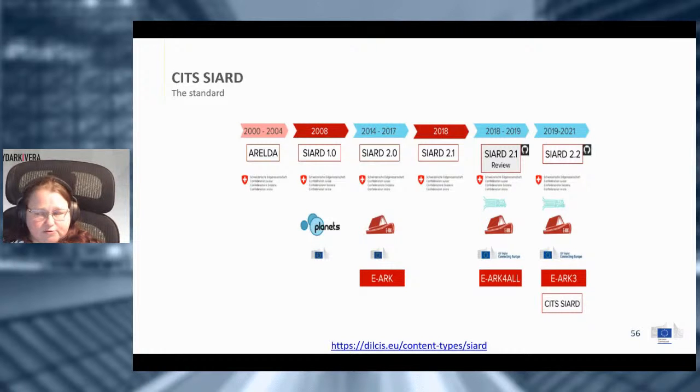And also since 2018, you can actually find SIARD 2.1 on GitHub. And the latest addition is a CITS SIARD. From the beginning, it was just the standard SIARD, but from now on, we also have with the standard, the CITS SIARD, which actually goes into the placement of the files in the information packages.